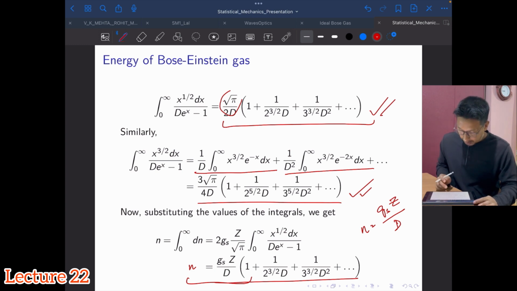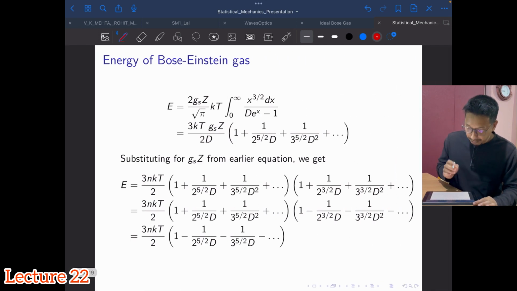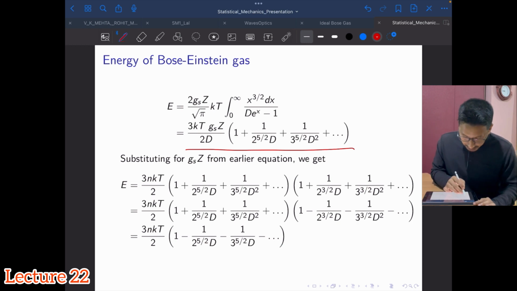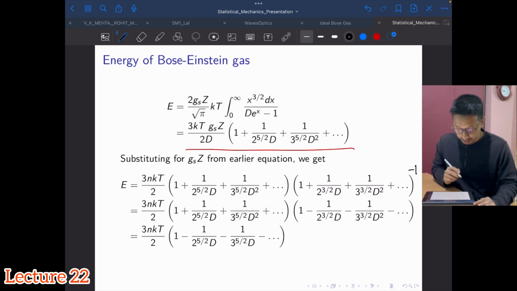Now similarly for the energy term, you have got this. Here I have to make one correction, this has to be minus 1.